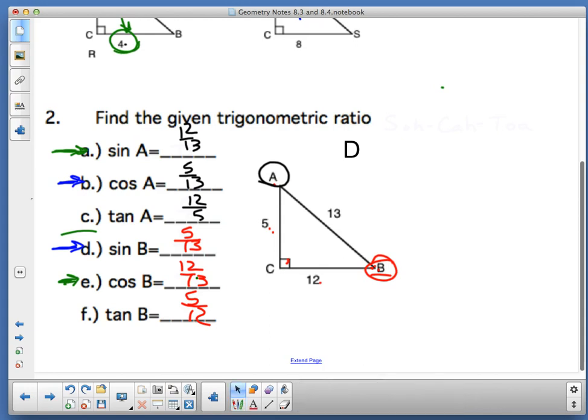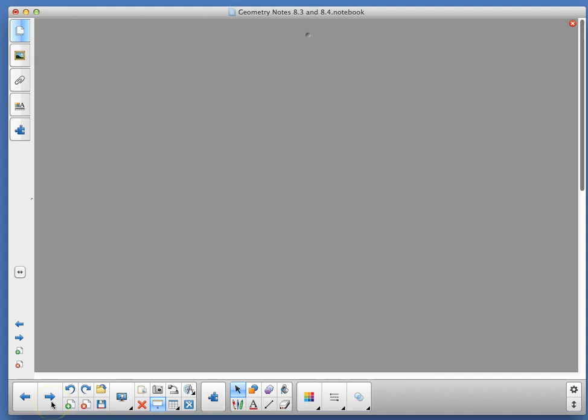Now, with that said, I have on page 18, 10 problems. You are being asked to find one of the ratios with respect to one of the angles in each one of those 10 problems. It should take you less than 5 minutes to do all 10 of them, okay?